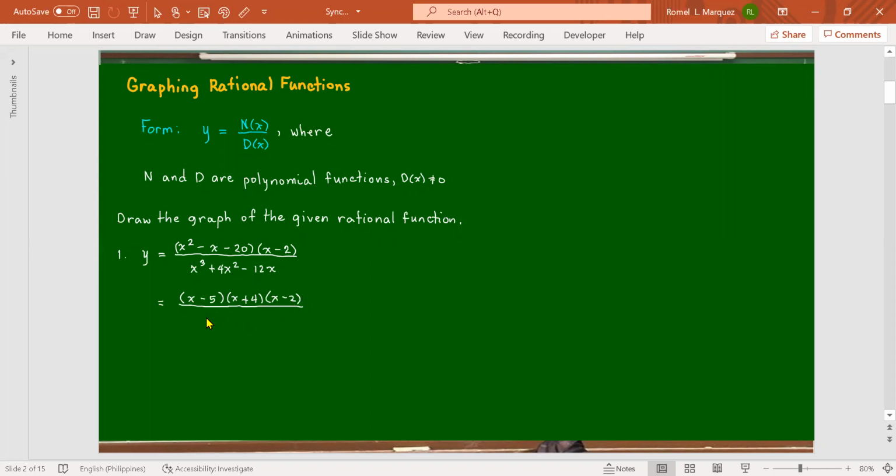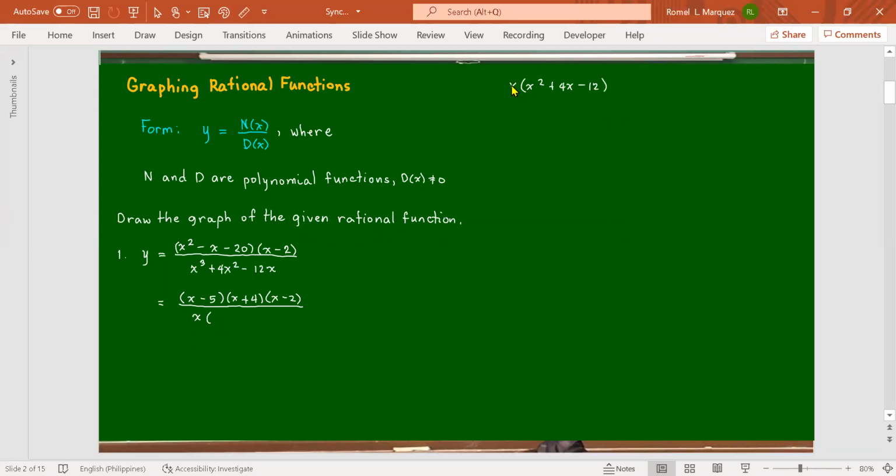What about the denominator? I can factor out x, then the remaining factor is x squared plus 4x minus 12 after factoring out x.